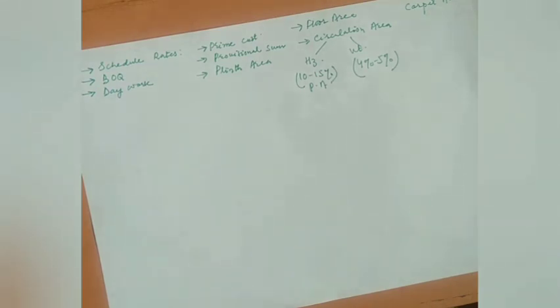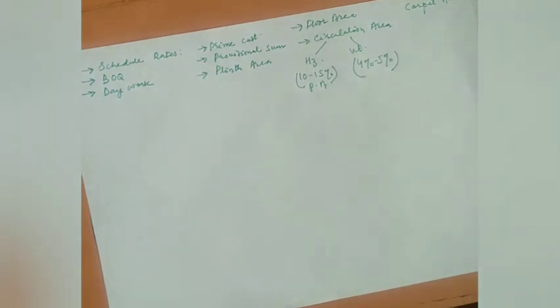So let us have a quick review of what we have studied in this lecture. We started off with the types of estimate, and then we discussed every type of estimate, and found that there are a total of 9 important types of estimate.